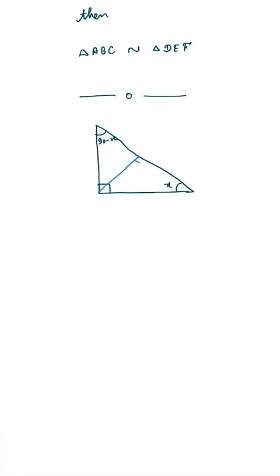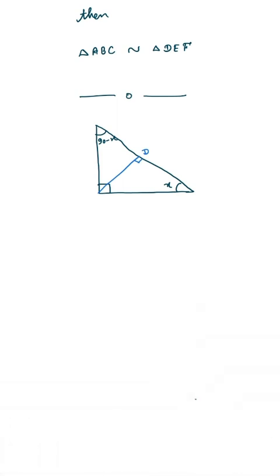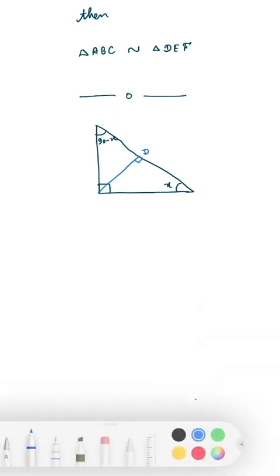Let's make a construction. We are drawing a perpendicular. Let's name this point as D and let's give names to other points also so that we can better demonstrate it.